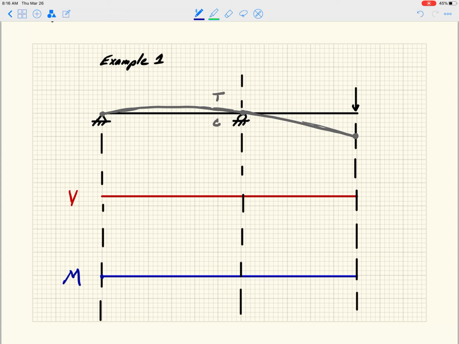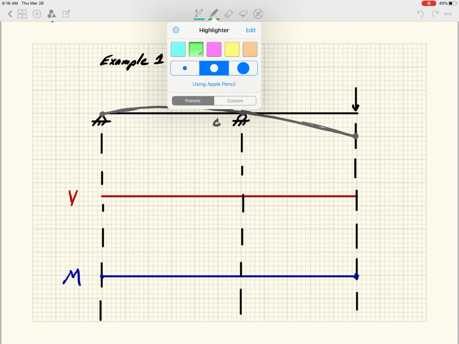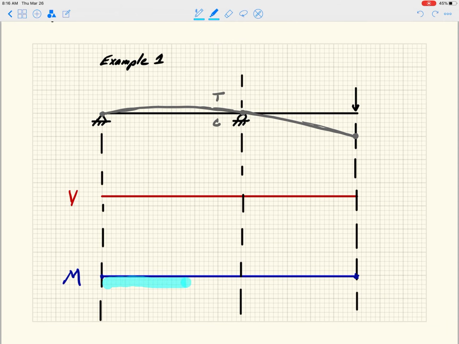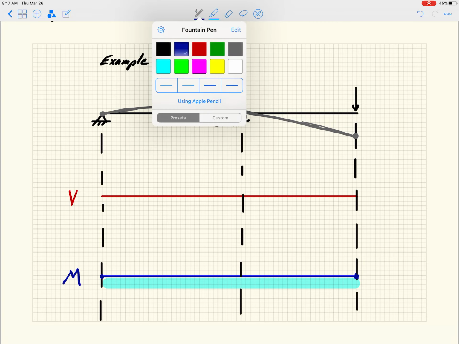We also have a free end here, and that free end has no moment applied to it, so my moment has to be 0 there as well, right? And now I have compression on the bottom, so I'm going to highlight the bottom of this beam like this, right? And what I'm saying there is that the entire moment diagram has to be plotted on the bottom of the beam.